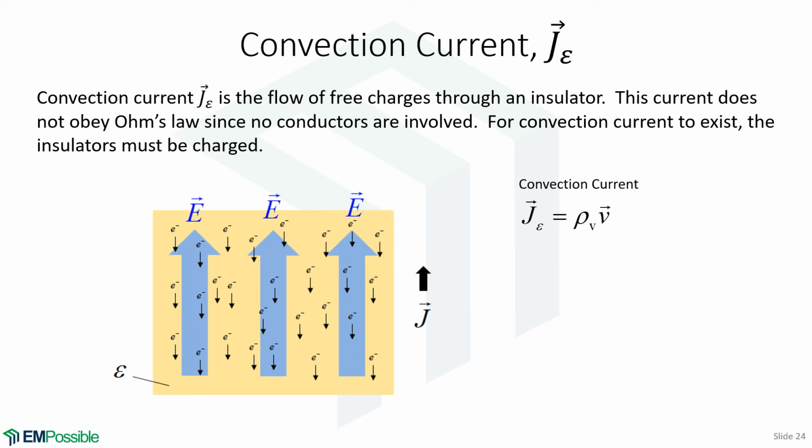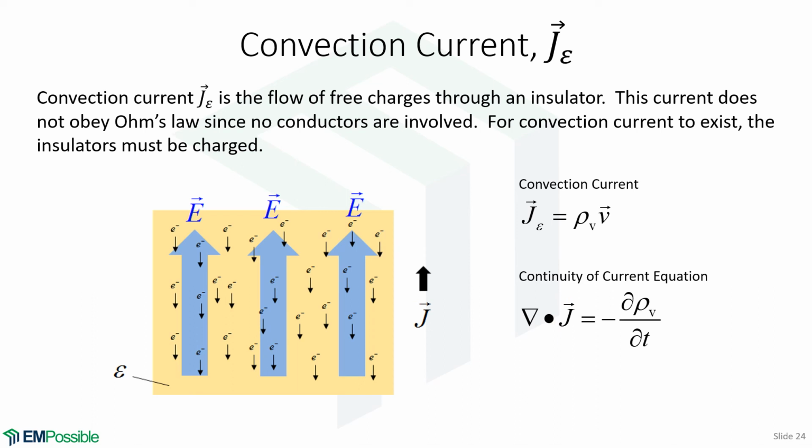Now I mentioned this current doesn't obey Ohm's law. What law does it follow? It's called the continuity of current equation. On the left, we have del dot J. This is a measure of divergence. We're calculating how much the current tends to diverge or converge to a single point.